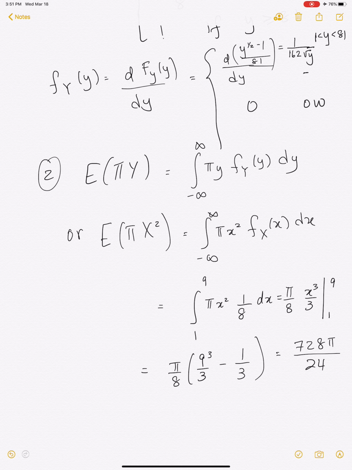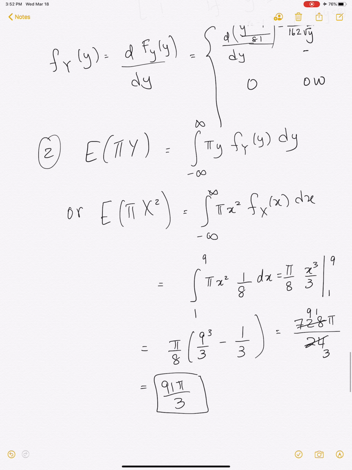And I'm sure that stuff cancels: you have 8 times 3 and 8 times 91, and it's just 91 pi over 3. Okay, so that's the expected area of a pizza pie where the radius is uniform on 1 to 9.